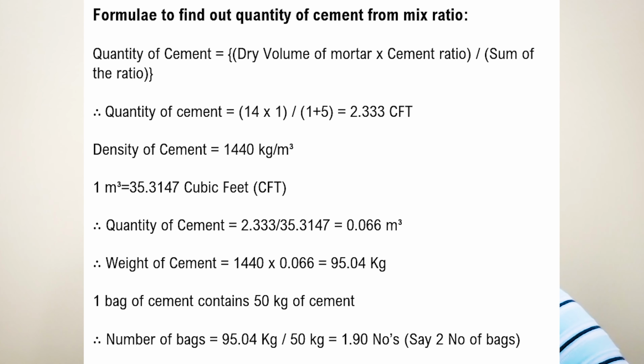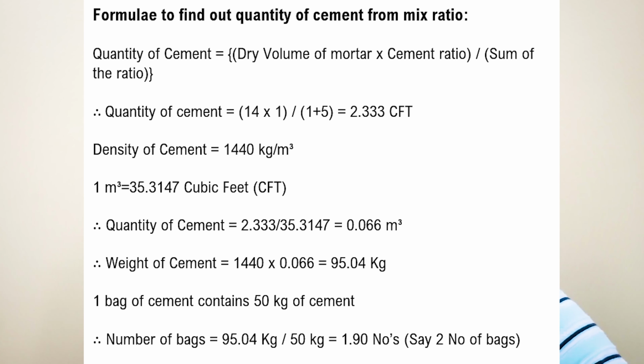Now we know the density of cement is 1440 kg per meter cube. Also we know 1 meter cube equals 35.3147 CFT. Now we'll convert the quantity of cement from CFT to meter cube. We'll get 2.333 divided by 35.3147, which is 0.0366 meter cube. Now we have to calculate the weight of cement.